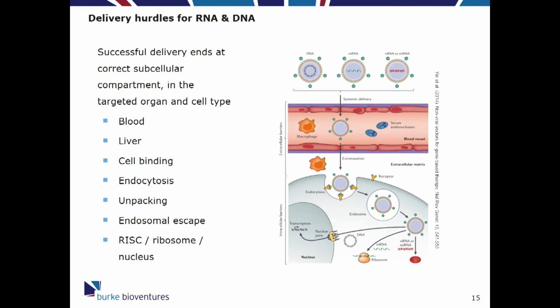Cell binding, if there's a specific cell interaction based on the design, that has to occur as hypothesized. Endocytosis, unpackaging of the cargo that was so carefully formulated to maybe self-assemble, and now all of it has to come apart at the right time. And then some fraction, hopefully, of the cargo would make it to the RISC machinery in the case of RNA interference or the nucleus or other applications. That's a lot of steps that have to happen.